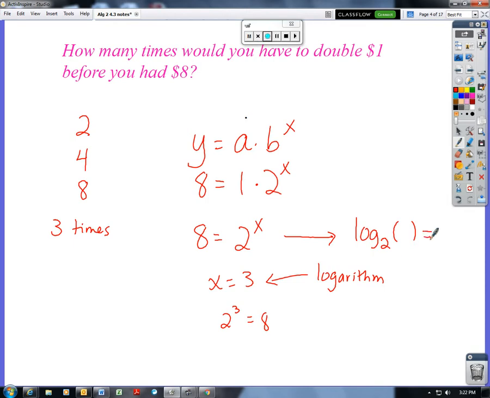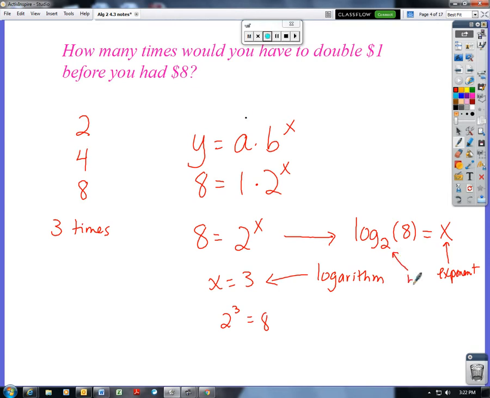Log base 2 of whatever goes in here is going to equal the exponent. This is going to be the exponent, because remember right away I said logarithms are exponents. So in this case, the exponent is x. And so that means that the 8 has to go here, because that's the only place left for it.